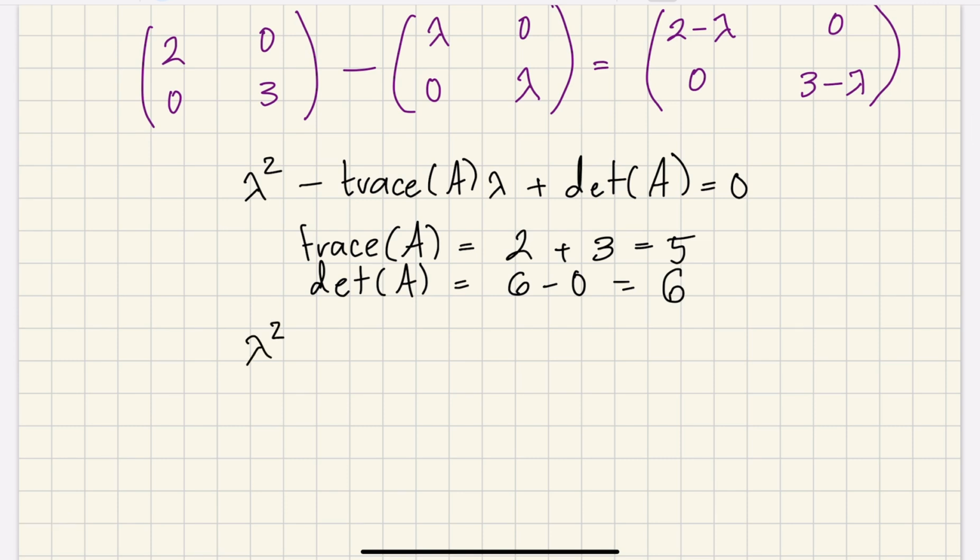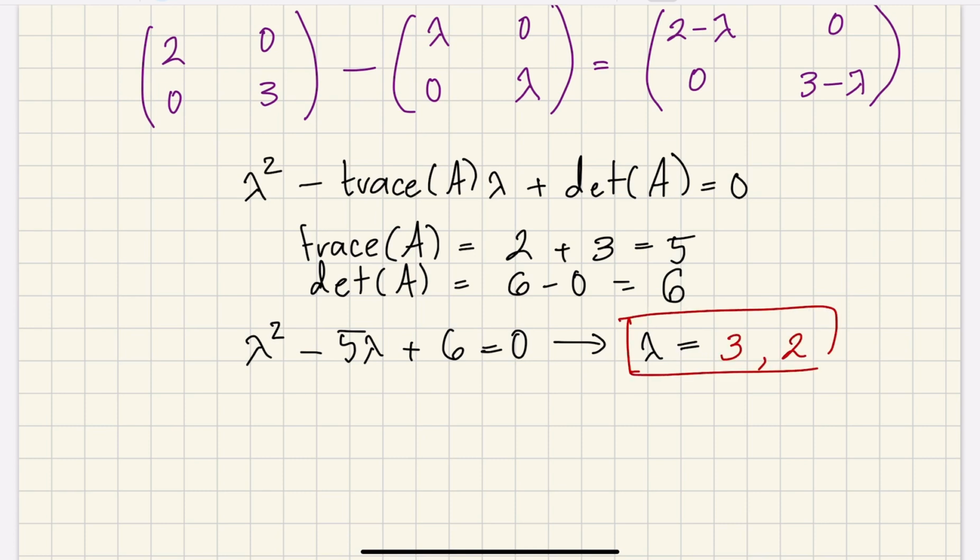So it becomes lambda squared minus 5 lambda plus 6 is equal to 0. If you solve this quadratic equation, you will get lambda is equal to 3 and 2. And we have our eigenvalues. For our eigenvectors, we will deal with these individually.